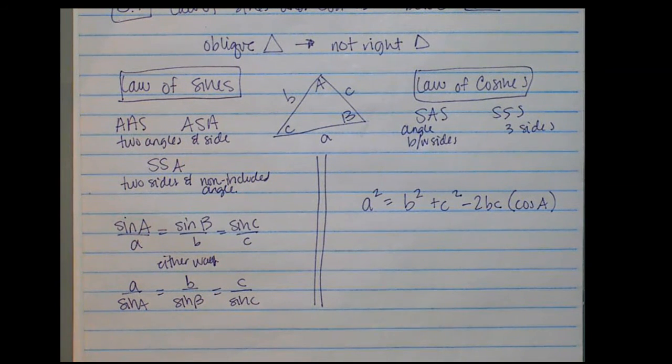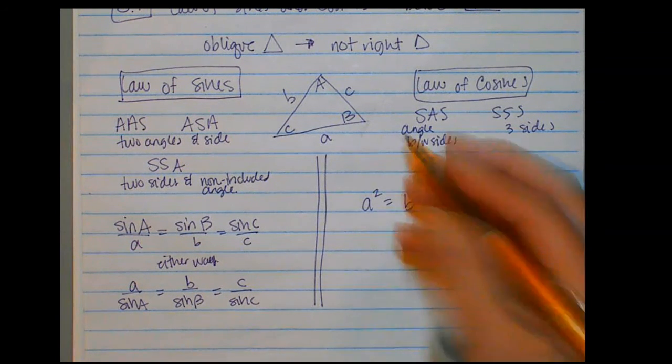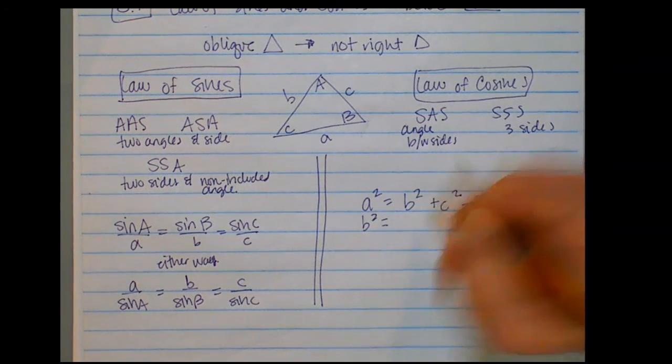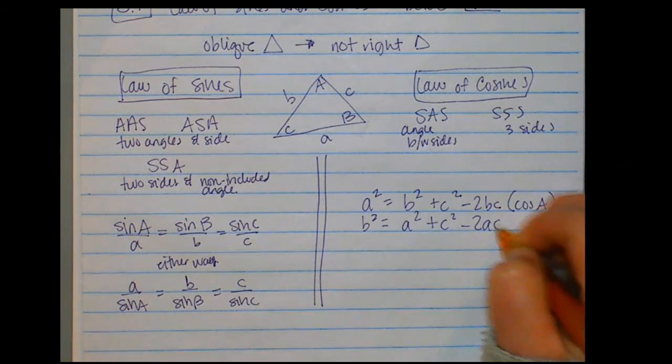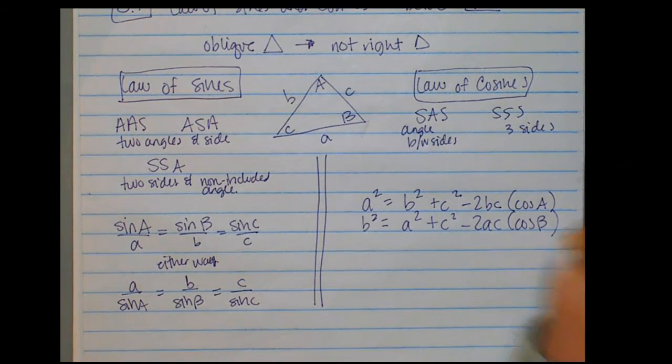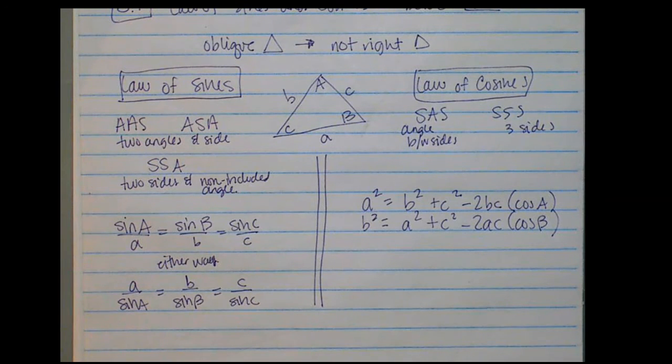Tell me some stuff about what I have here for A. Not sure. Let me write B down, and then see if you see a pattern, or see if you could figure out C.